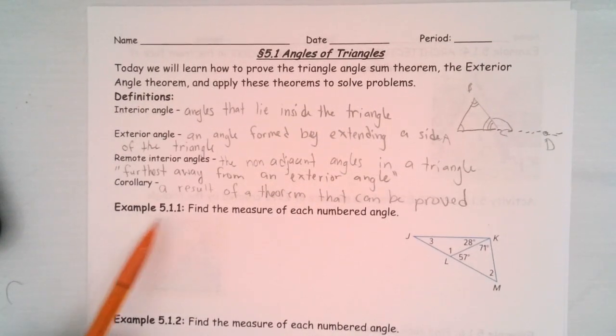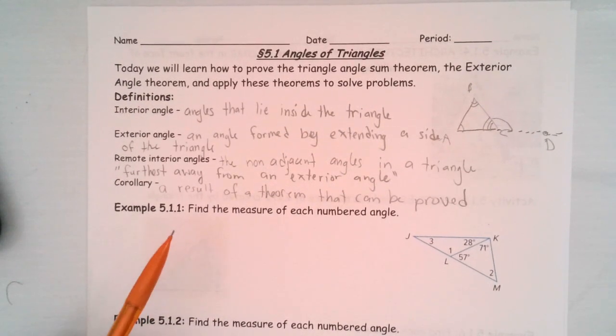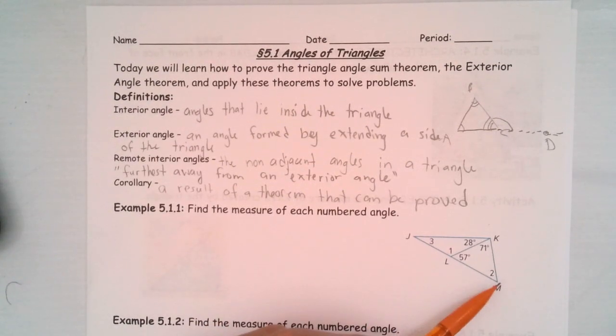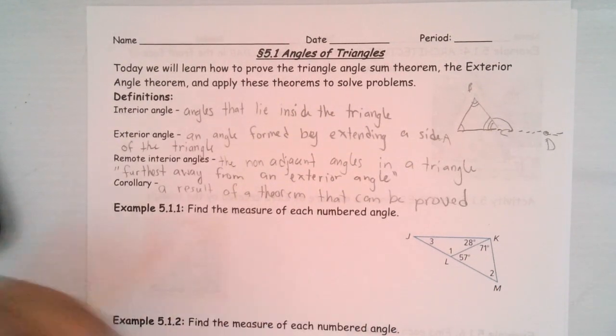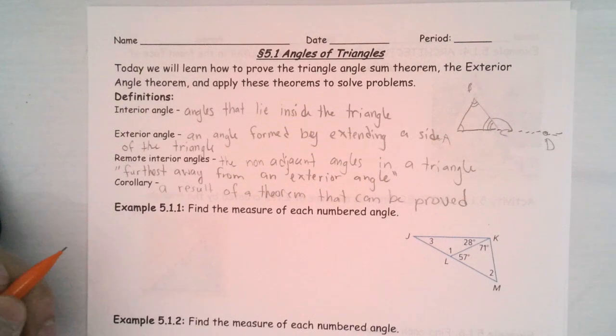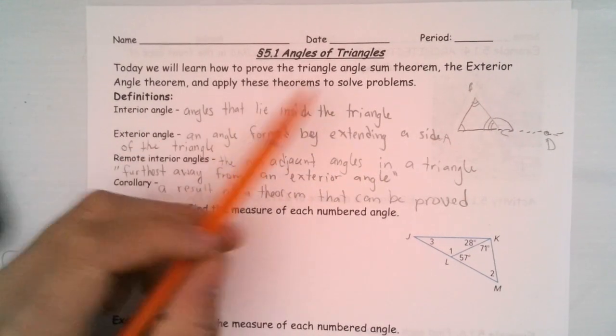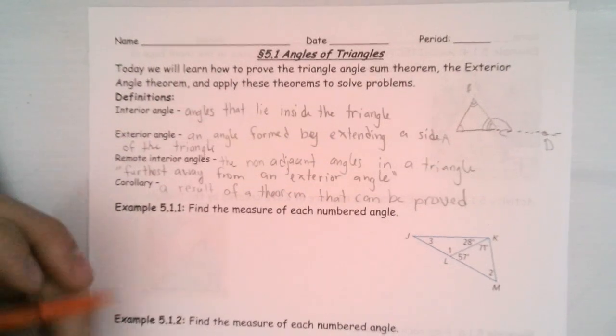For example 5.1.1, it says find the measure of each numbered angle. There's three numbers. There's angle 1 right here, angle 2, and then angle 3. So in order to solve for this, we need to learn what the triangle angle sum theorem is.